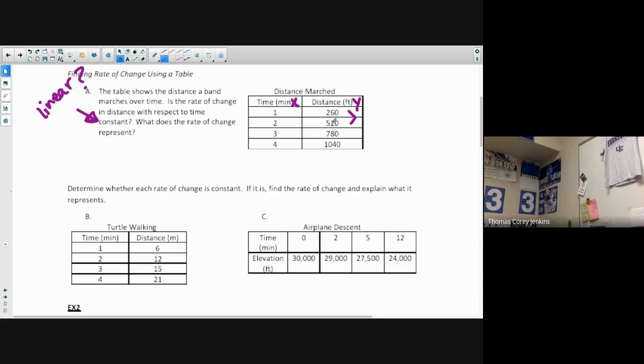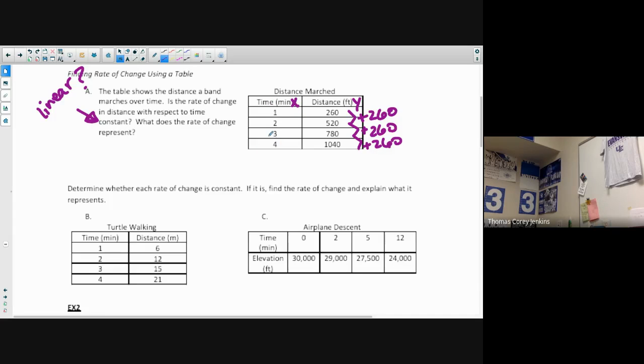Just do 520 minus 260. That's 260. So we did plus 260. 520 also plus 260 is 780. And then what do we do to get from 780 to 1040? We do plus 260.